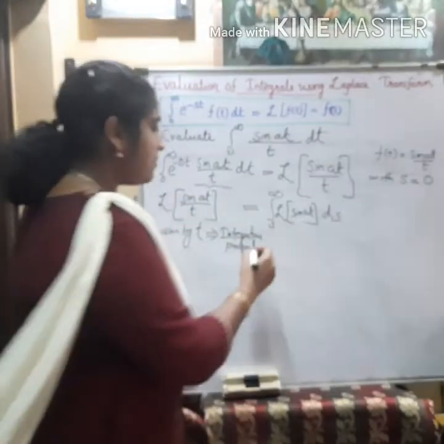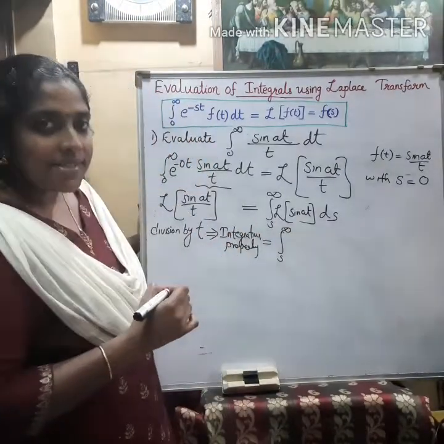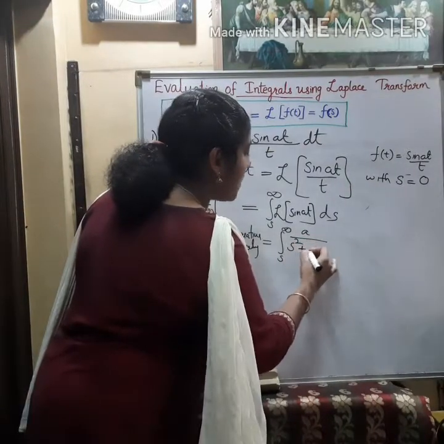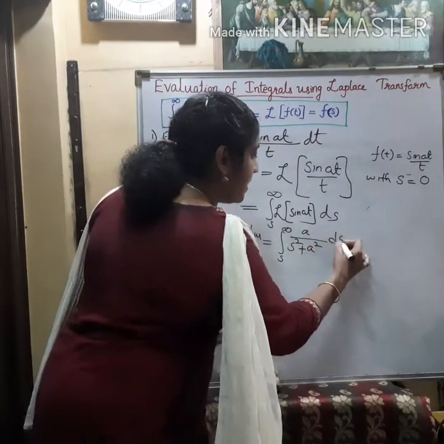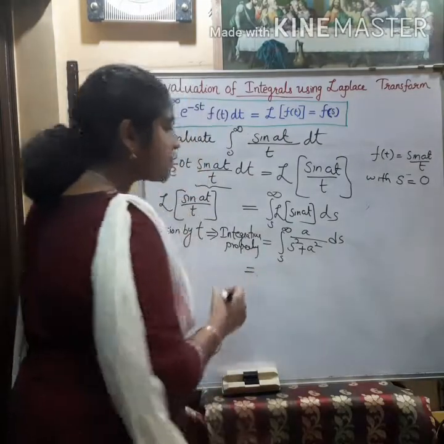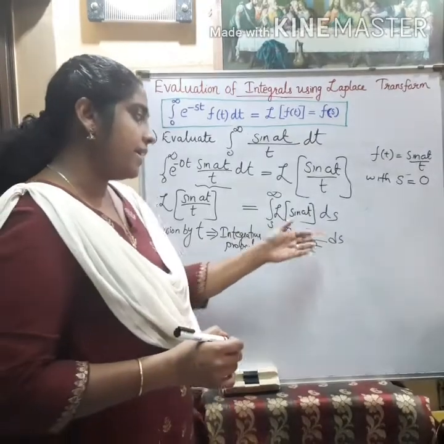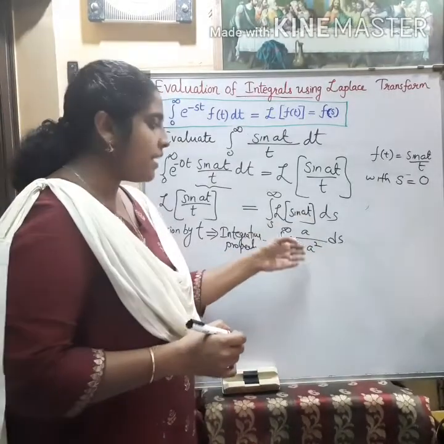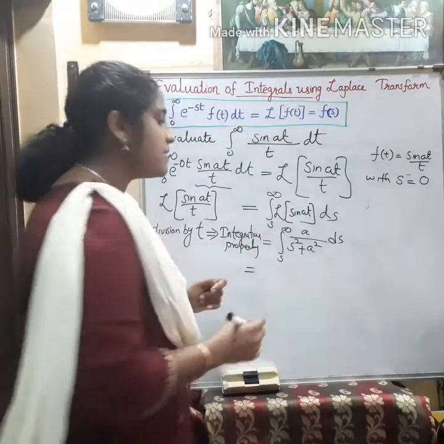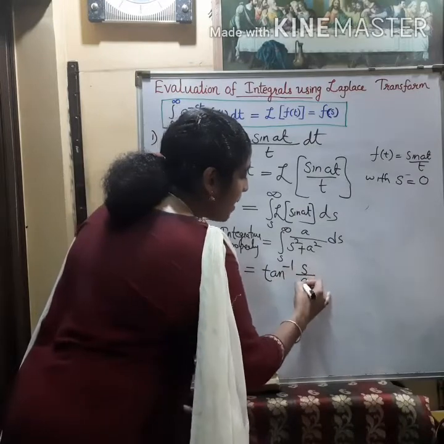Okay, so that will be the integral s to infinity. What is the Laplace transform of sin at? A divided by s square plus a square ds. Okay, so this is equal to, how to integrate a by s square plus a square ds? It is a common formula. The integral of a by s square plus a square ds is tan inverse s by a.